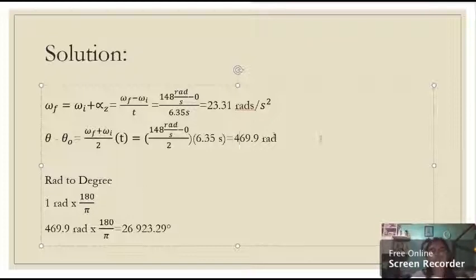So we're going to convert 469.9 rad to degrees, and we got a very high value of 26,923.29 degrees. So that's it.